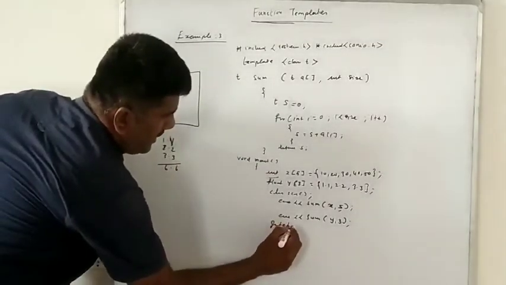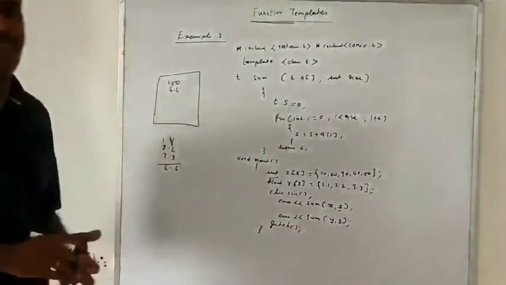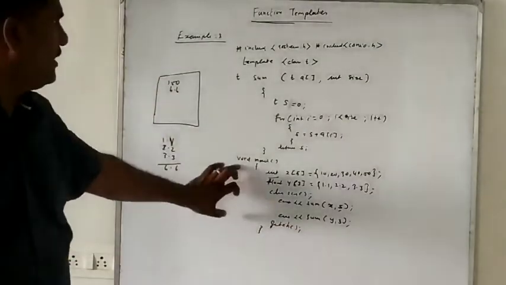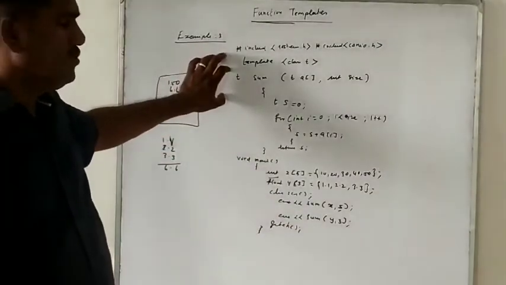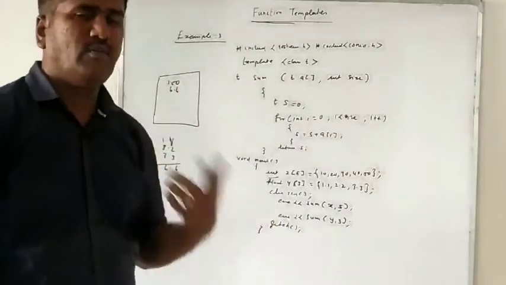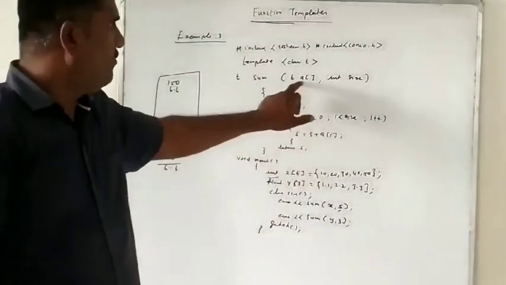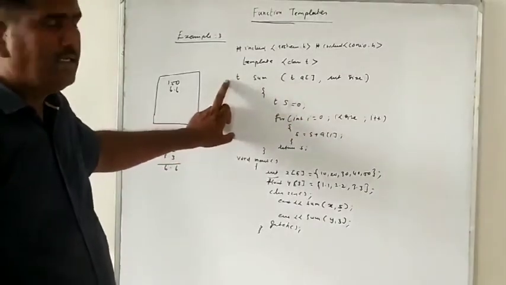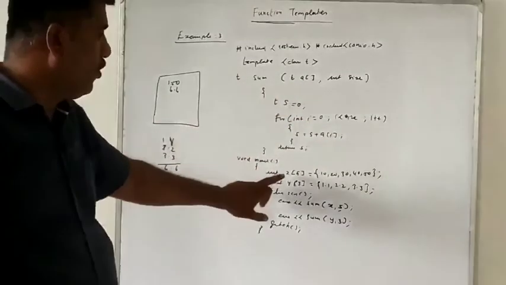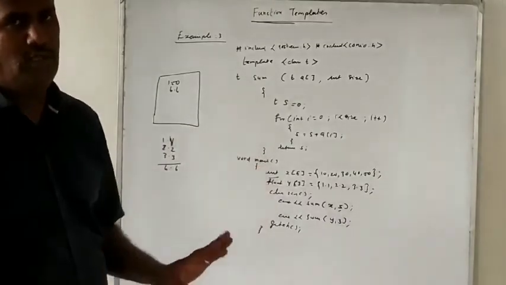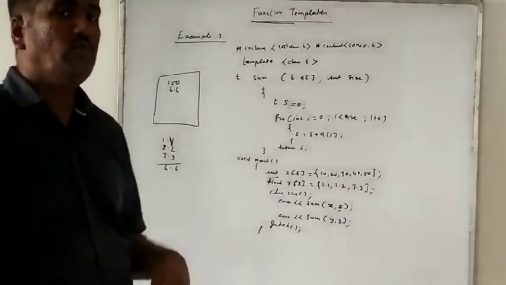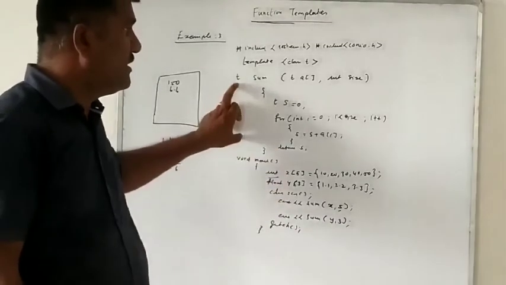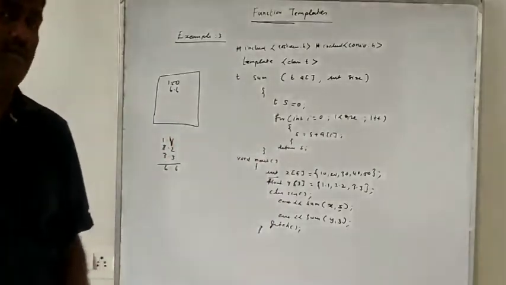So you put getch. That's all. Here this function template is used. You pass an array as a function argument, but only one function template is created. The function template is used for both integer and float. If I pass an integer array, the function template acts as an integer function template.